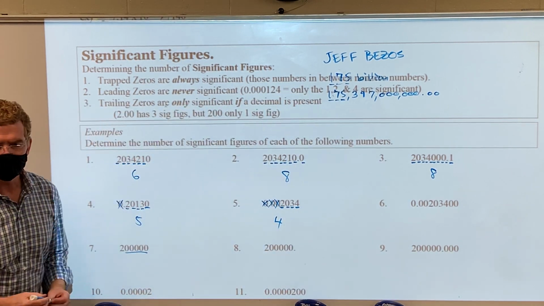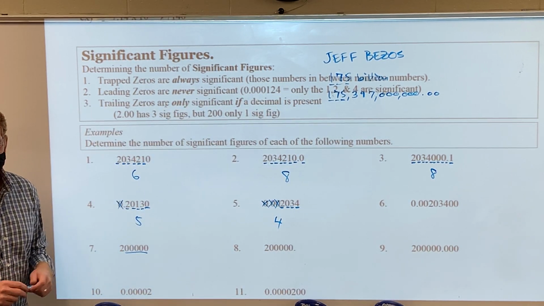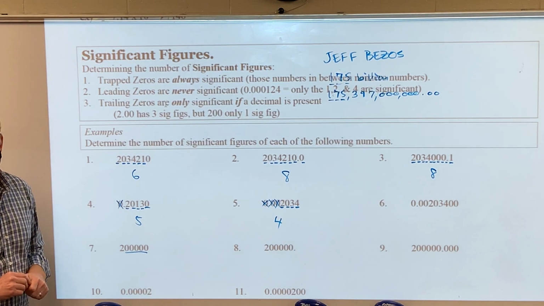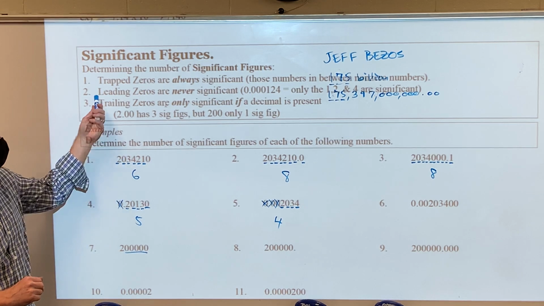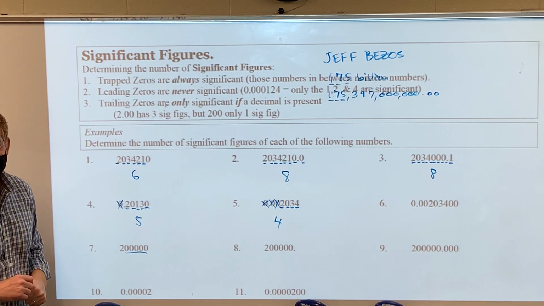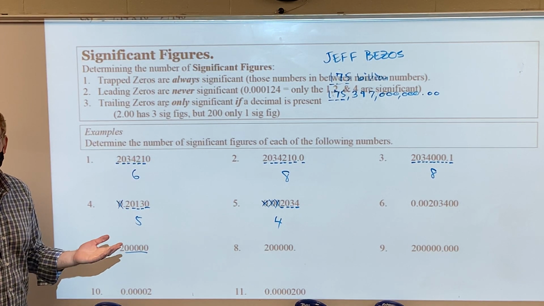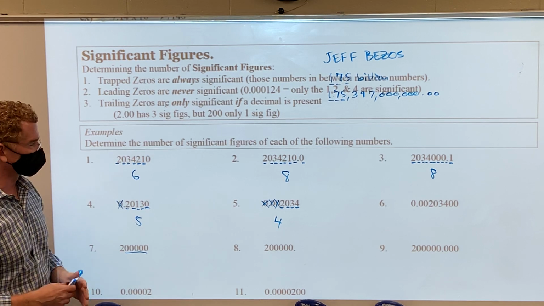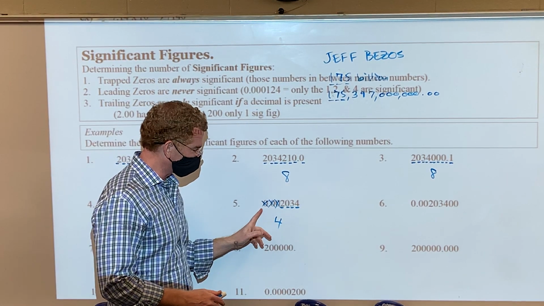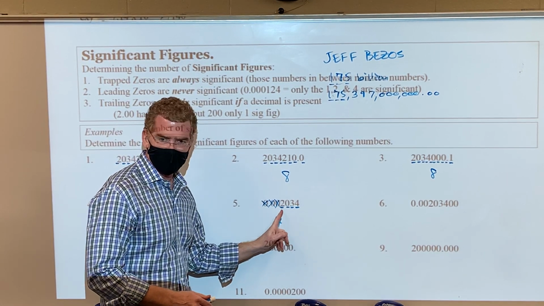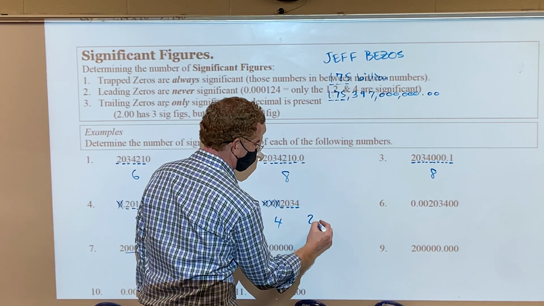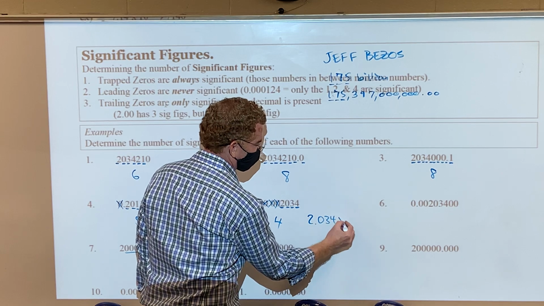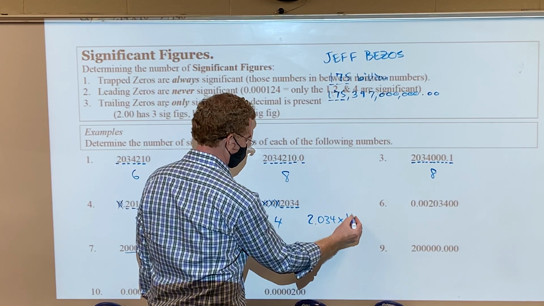So why do you not count a leading zero when there's a decimal? Officially, because those are the rules. To make common sense of it, I always had a little bit of a problem with that too. To me it's like, you needed those to show that value, but the actual digit itself, you could think about it in terms of scientific notation. I didn't really need those zeros to express it.